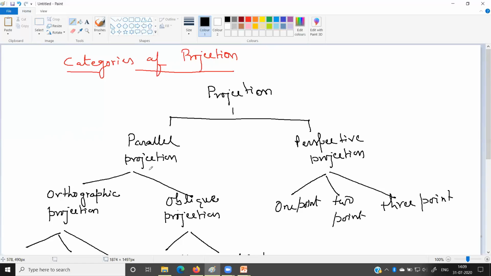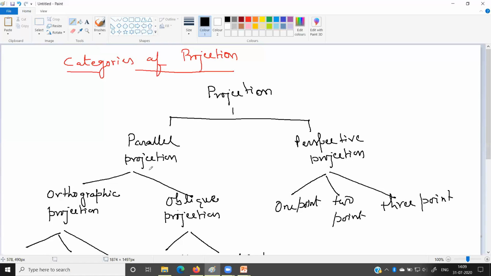Fine. And one of the major differences between parallel projection and perspective projection is that in parallel projection, the view is realistic, but in perspective projection, the view is not realistic. Because as you can see, as we place the projection plane far away from the object, the size of the projection also increases.